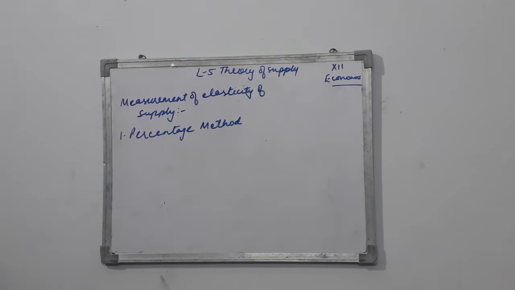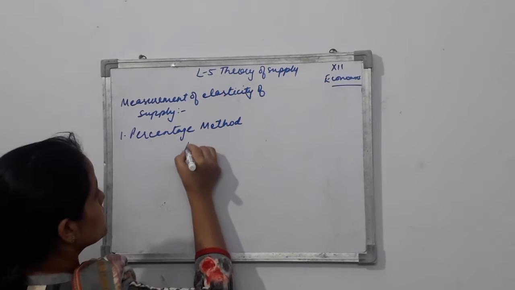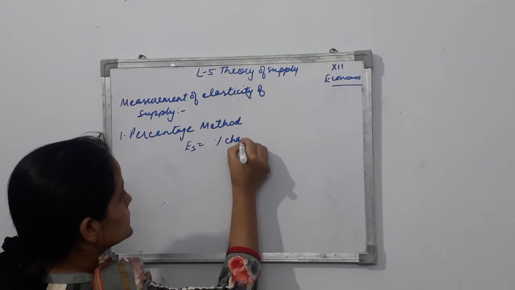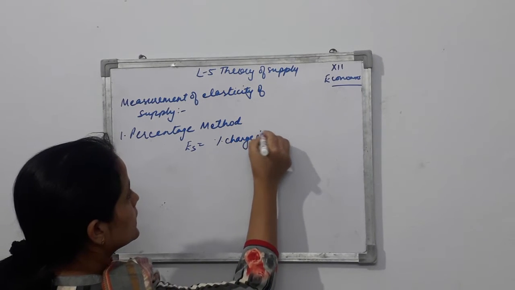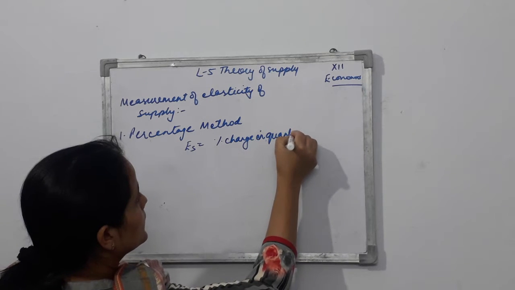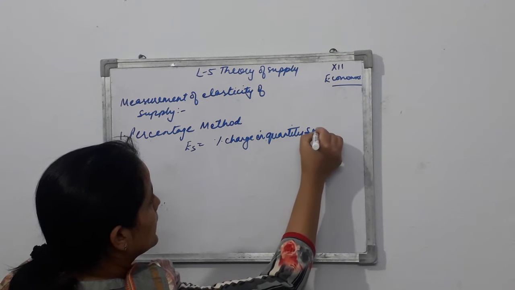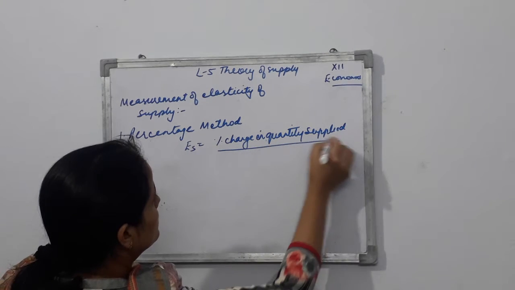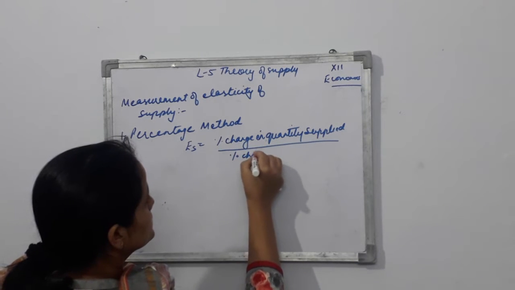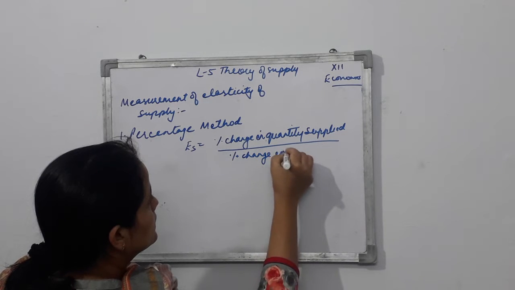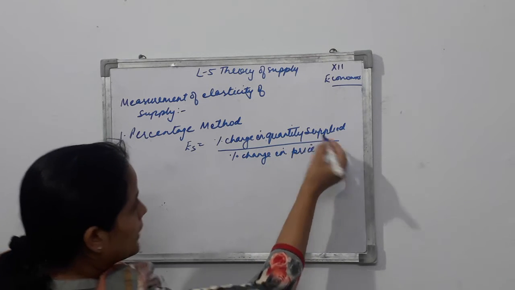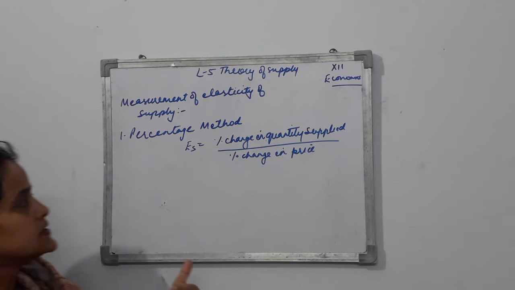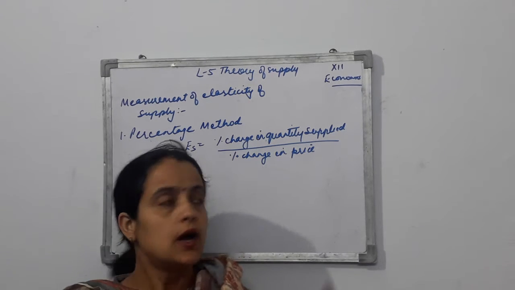So the formula is: elasticity of supply equals percentage change in quantity supplied upon percentage change in price. It's very simple. This is the percentage method formula.